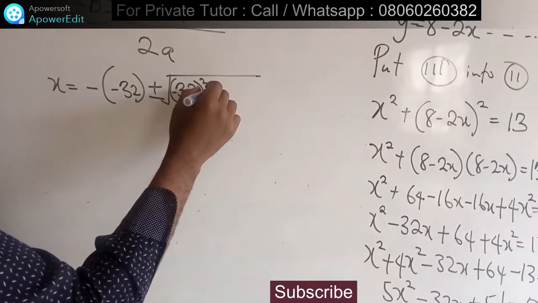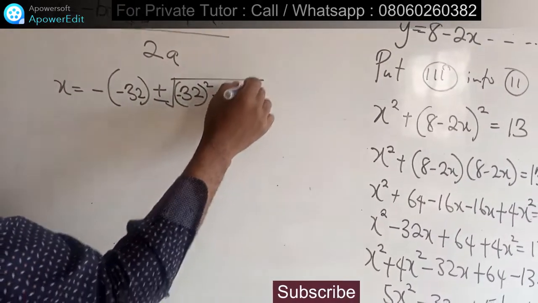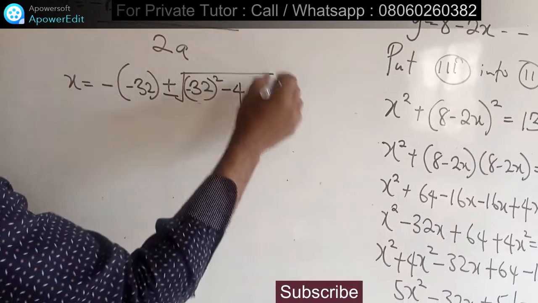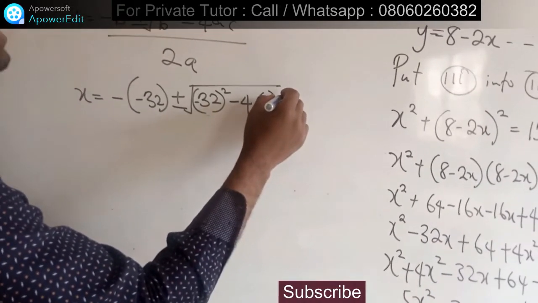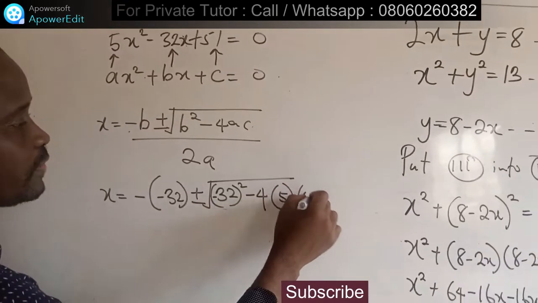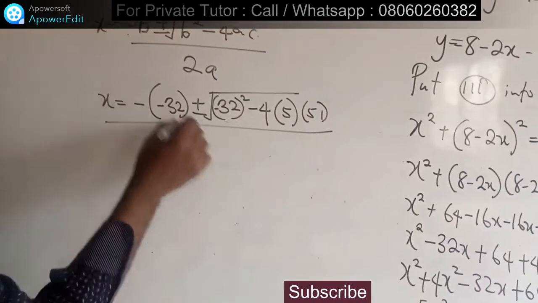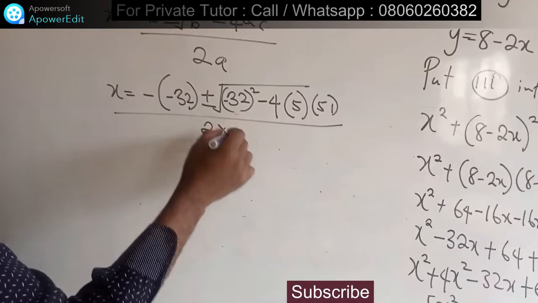Then minus 4. What's a? A is 5. Then c is eventually 51. Over 2 times a, which is 5.